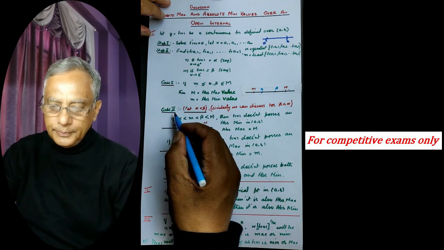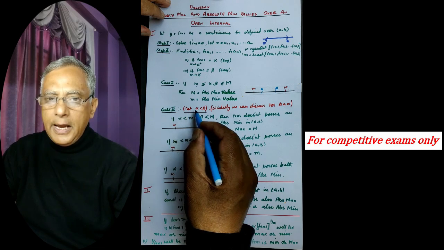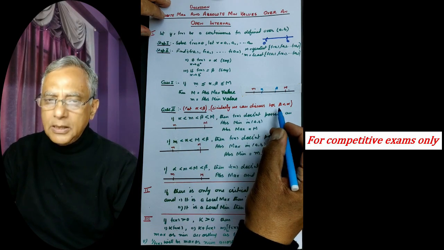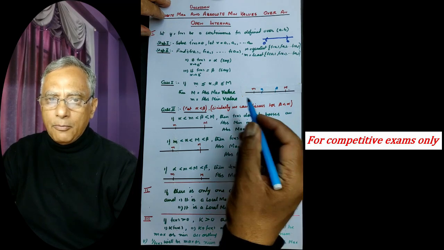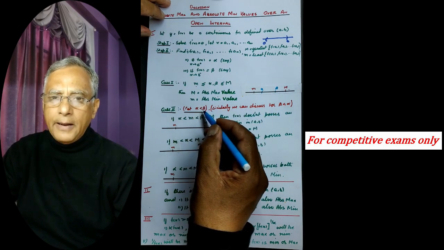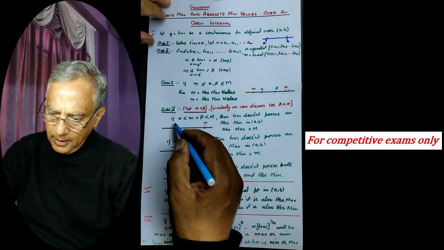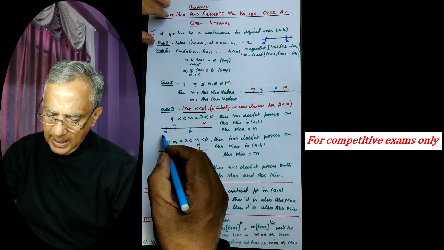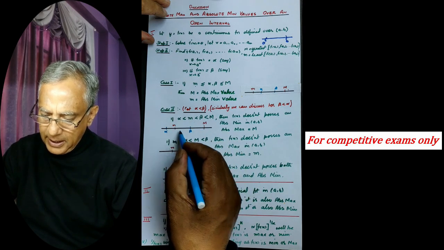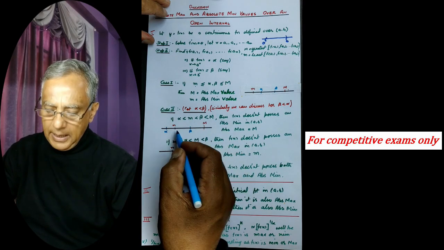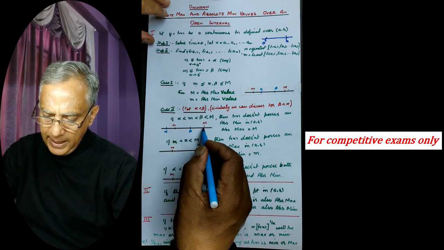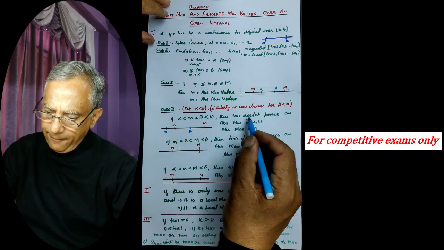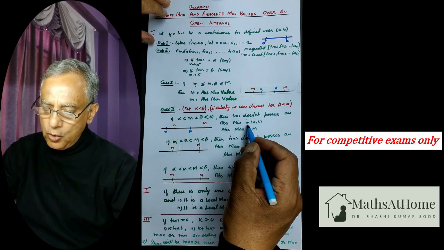Now case 2. In this case we will take alpha less than beta. You can also discuss the case in which beta is less than alpha, but for better understanding I am taking alpha less than beta. Now if alpha is less than m is less than beta is less than M, that is alpha lies here and beta lies between m and M, alpha lies outside, then in this case f(x) does not possess an absolute minimum.